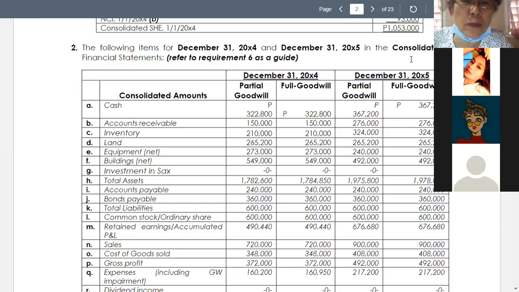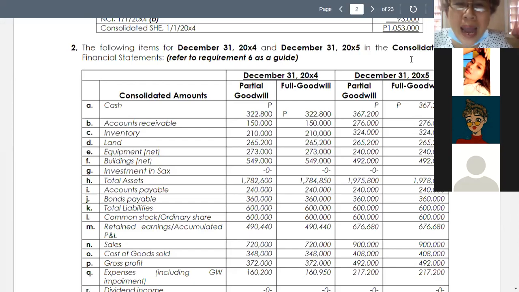However, for purposes of determining total assets, you must add goodwill. Okay? And I mentioned that even if you add goodwill, you will not be able to get 1,782,600 because this solution considers discount on bonds payable as an asset.